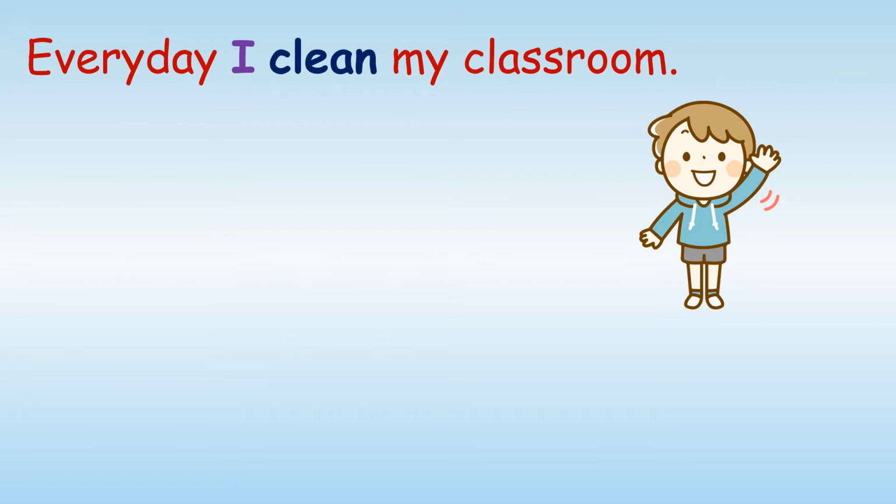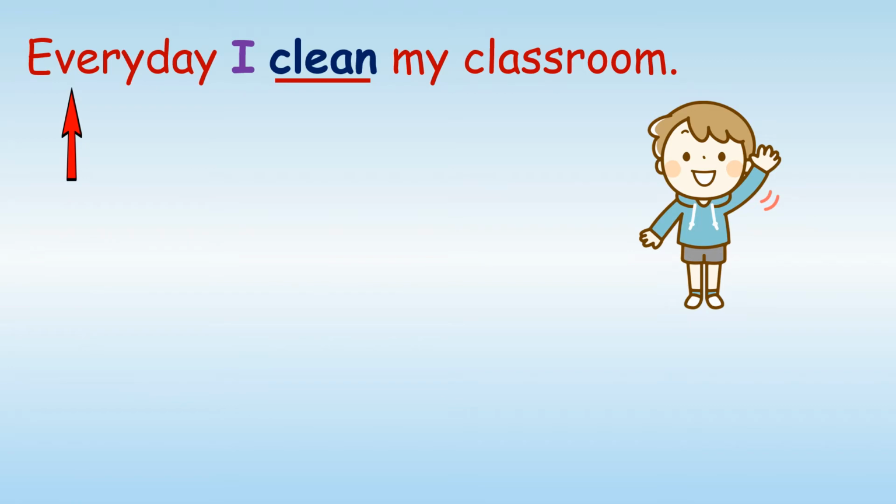In our last two lessons, we looked at using I. The first lesson was using I in the present habitual tense. And we said that when we are saying I, when you are talking about yourself, the verb does not have the letter S or the letter ing or any other letter after it. Every day I clean my classroom.